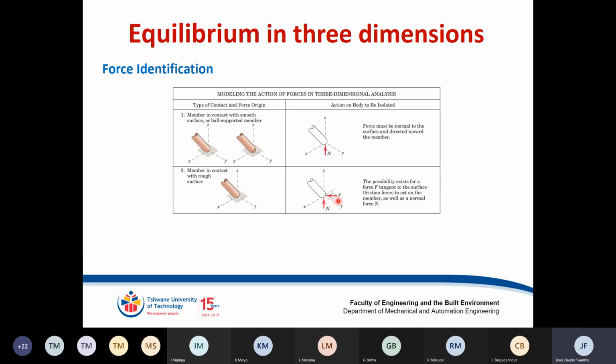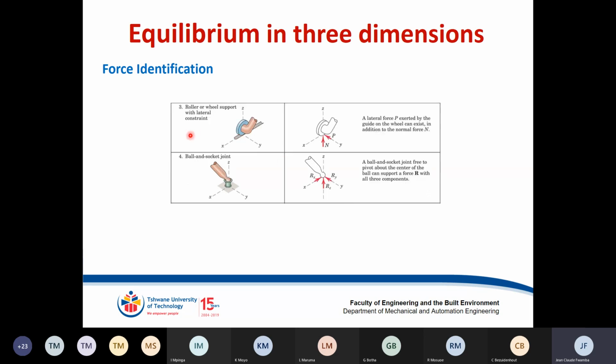Now, on your free body diagram, we will still have your normal force, which should be perpendicular to the floor, or X and Y. So now we need to include the frictional force, and that frictional force must always go against the motion. In this case, your member will have a tendency of going that way, and your frictional force should oppose that motion. Furthermore, your frictional force must be parallel to the floor, parallel to X and Y. Right, let's just keep that in mind.